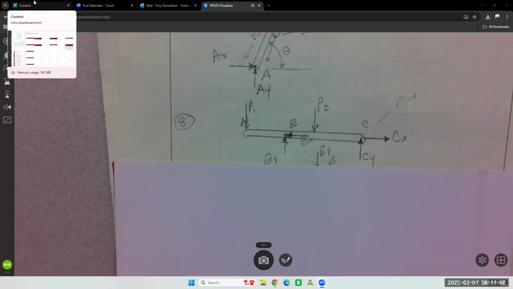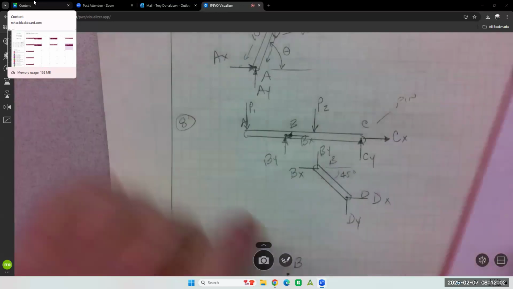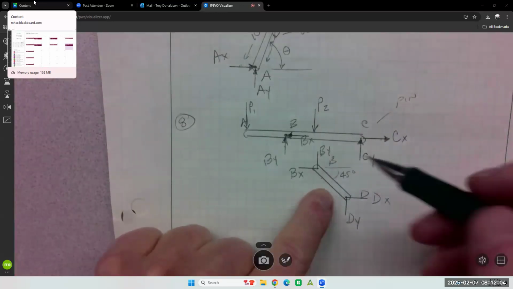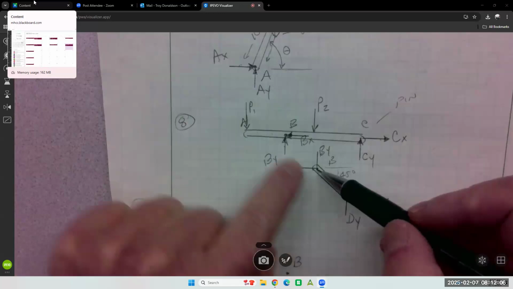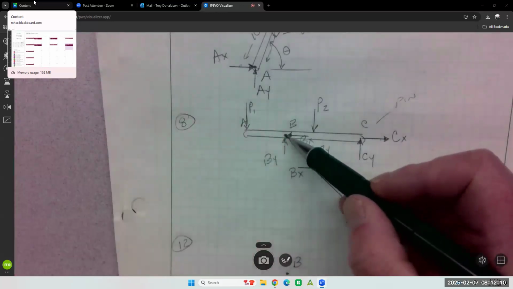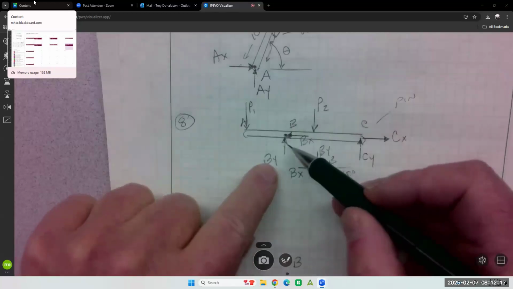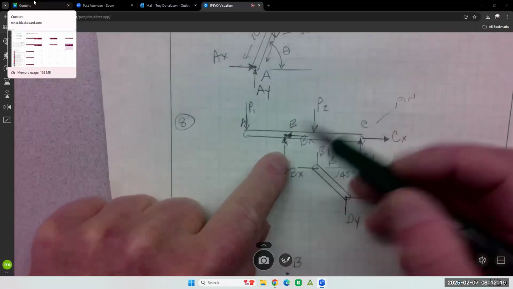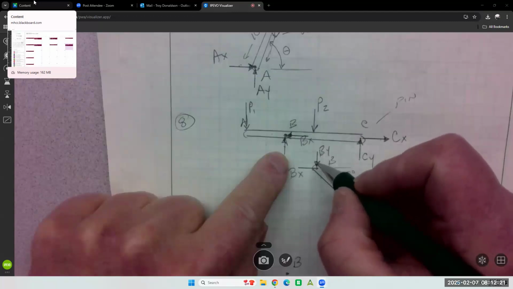It's important that you guess though, because you're going to put the other piece in equilibrium. So when this pin comes together with this pin, that pin itself has to equal 0. Everything has to fight each other. So that means if BY goes up here, BY goes down here.